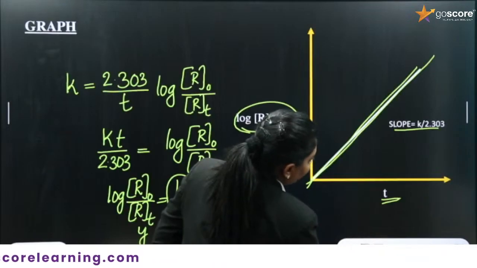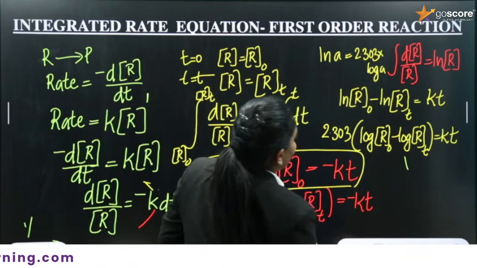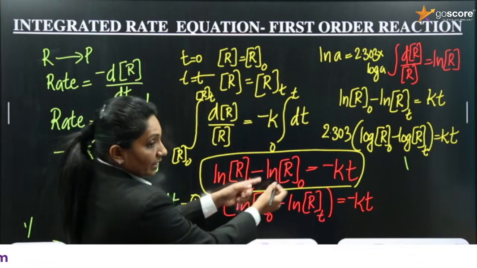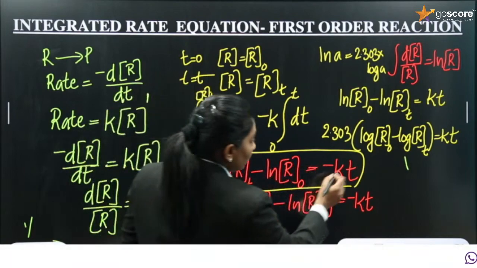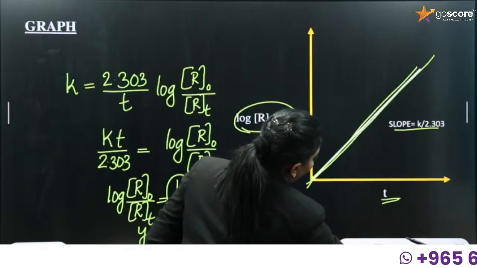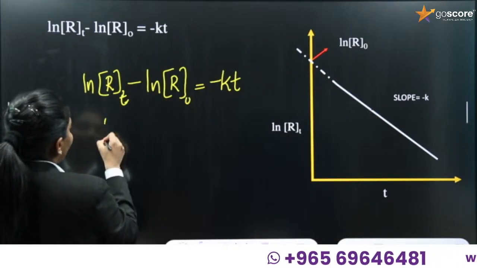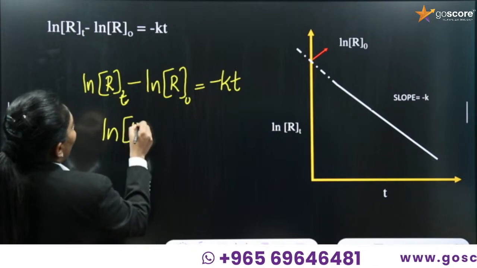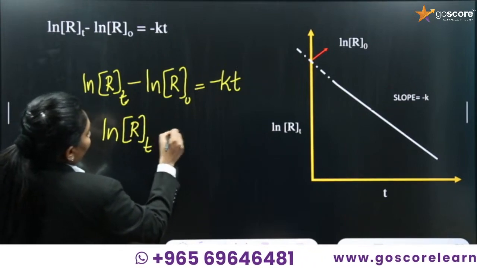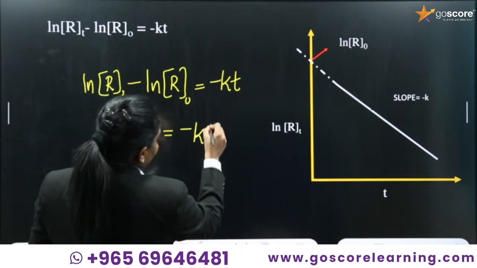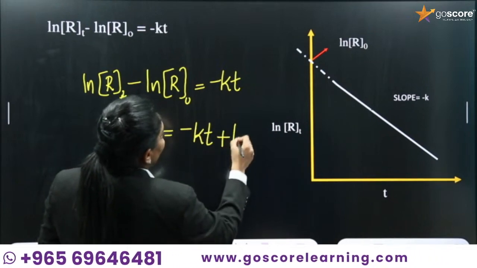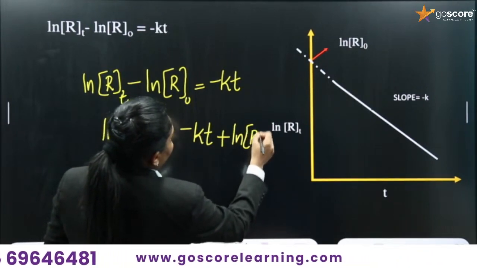This is what we got here while deriving the equation. ln RT minus ln R0 is equal to minus KT. That is the same thing I rewrite here. Okay. So, when you rewrite it, ln RT is equal to minus KT plus ln R0.